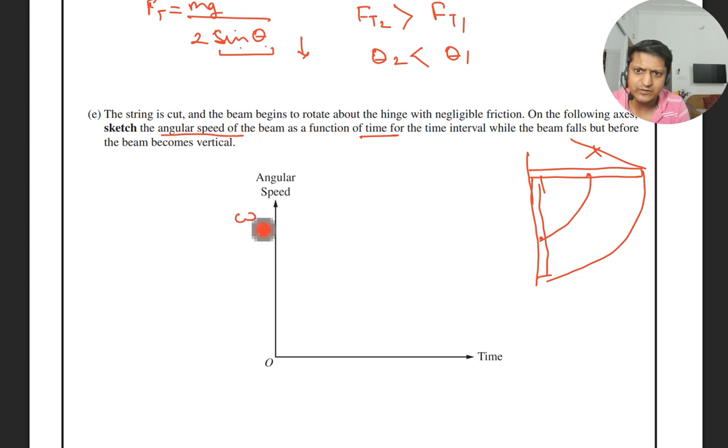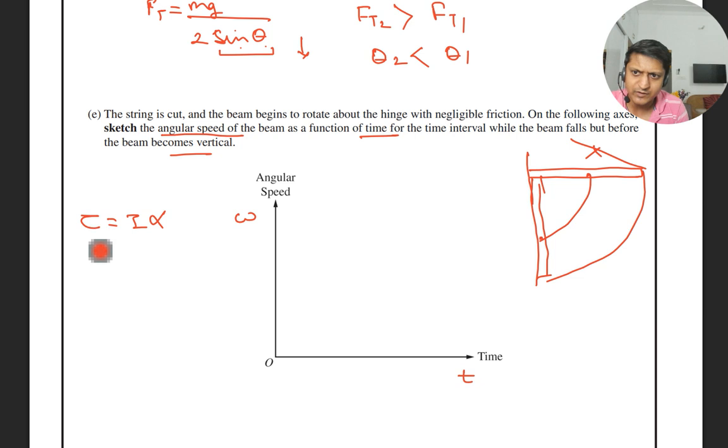We need the angular speed of the beam as a function of time. Angular speed is omega, and we consider the beam while it falls but before it is vertical. So we have to make an omega versus t graph. You know the formula: torque equals I alpha.